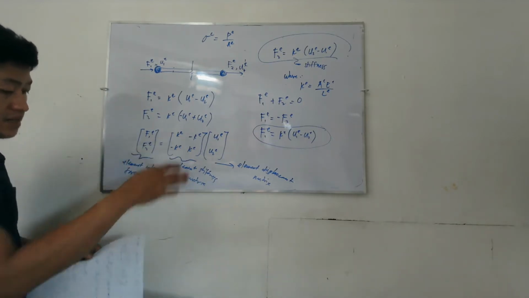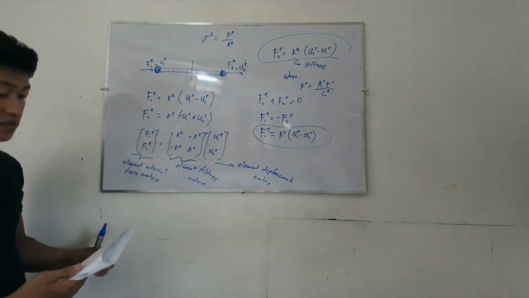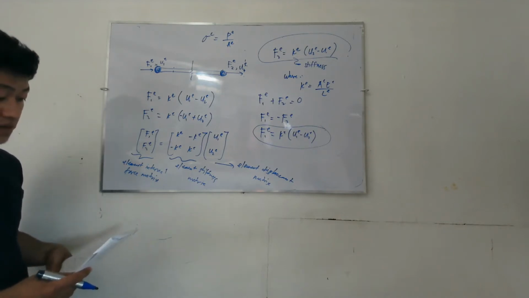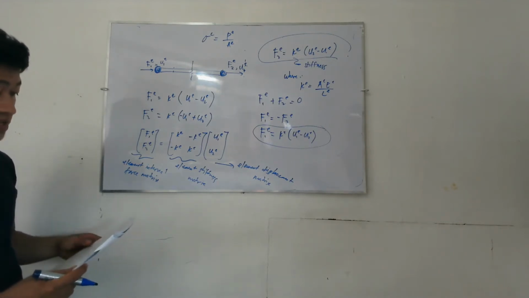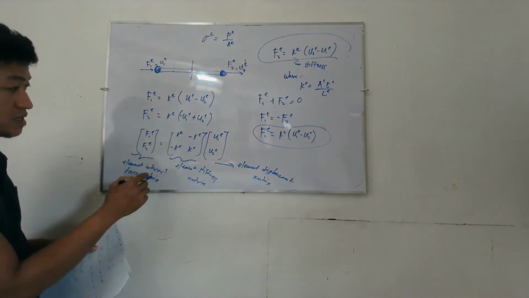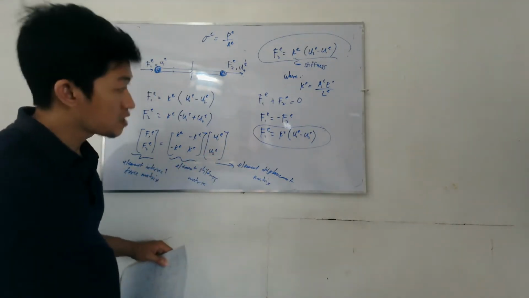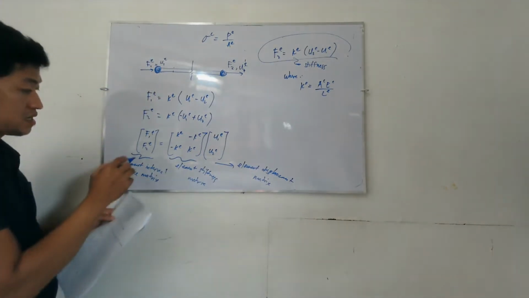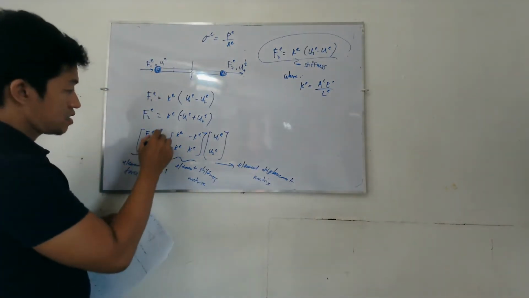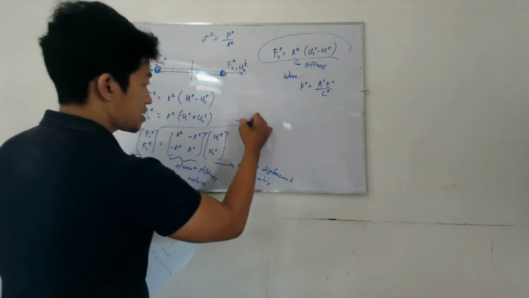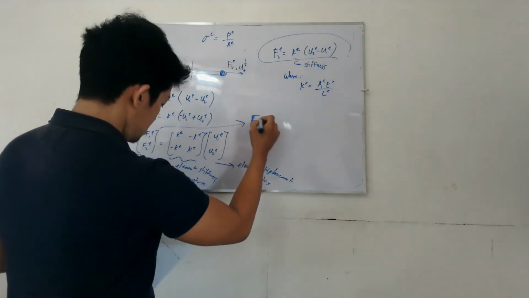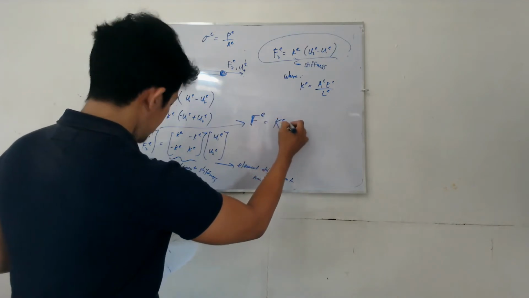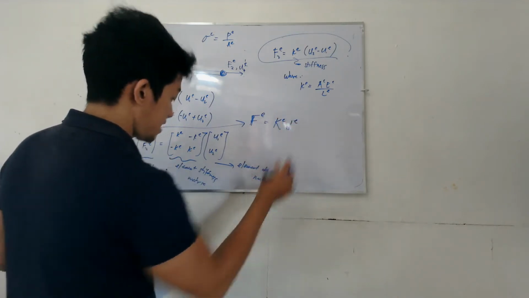Okay, so since this equation describes your system, we can simplify it in matrix form. Right?